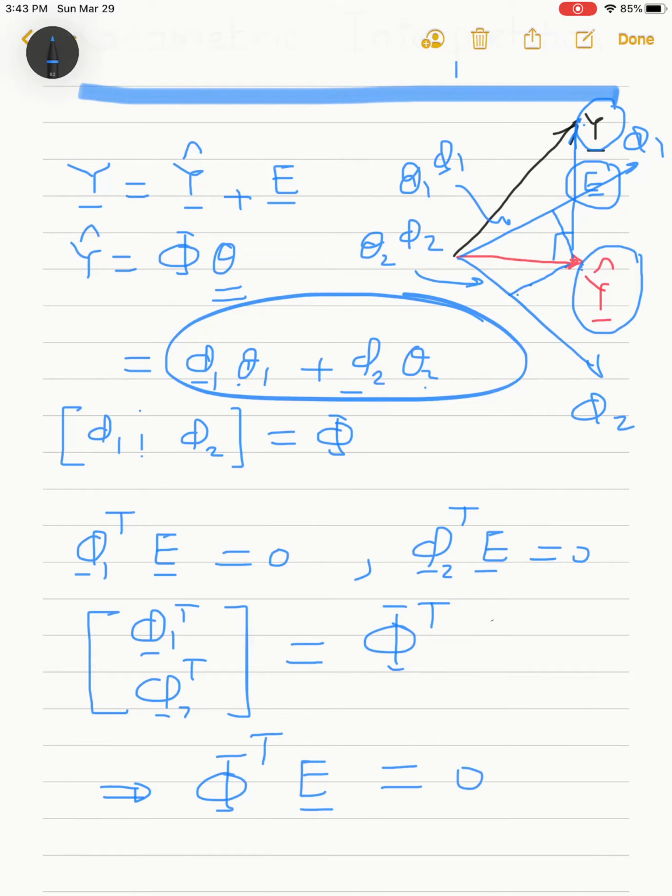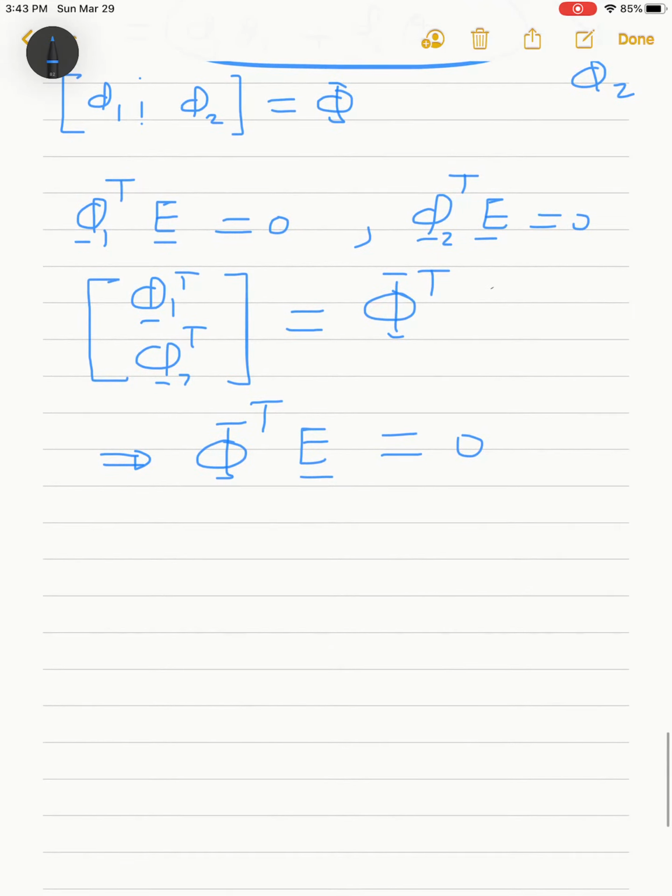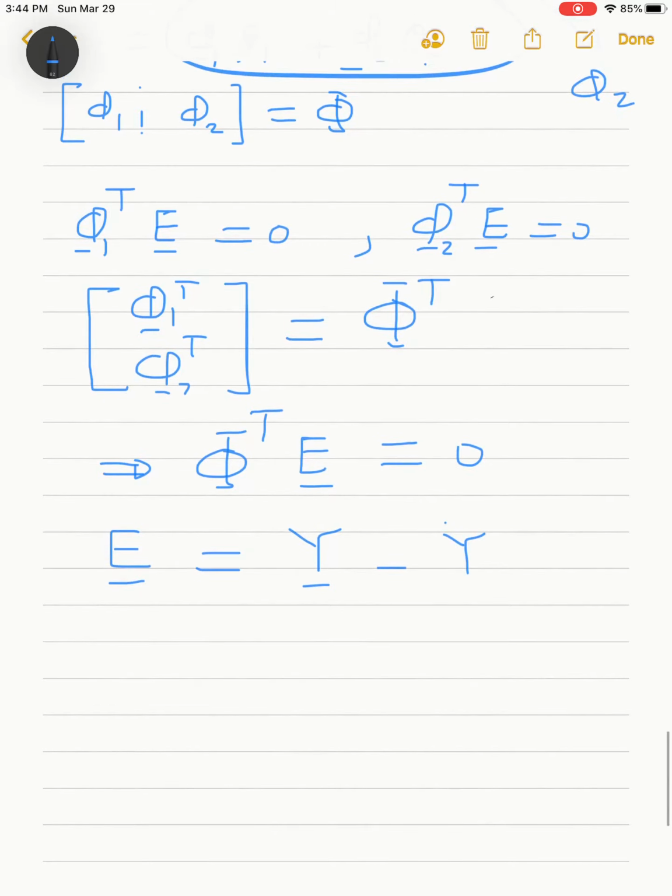is equal to 0, but E, as we defined it, is just the difference between the measurement vector and the computed vector y hat. So that's y minus phi times theta.